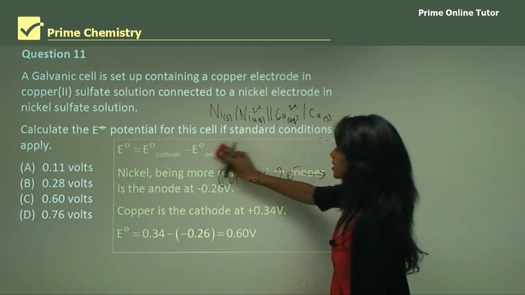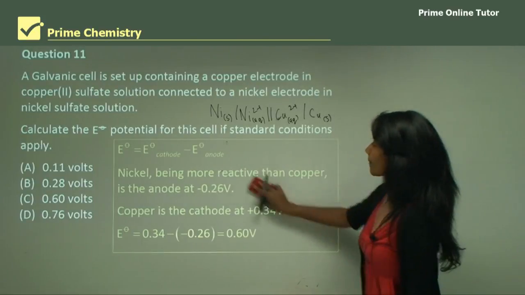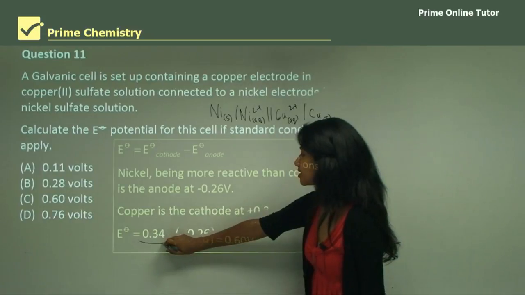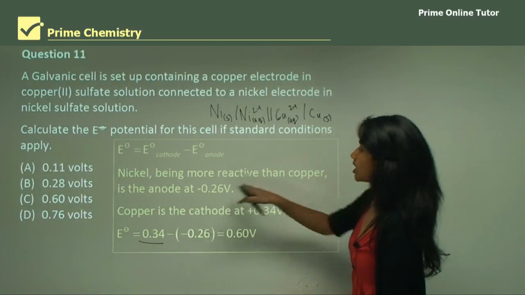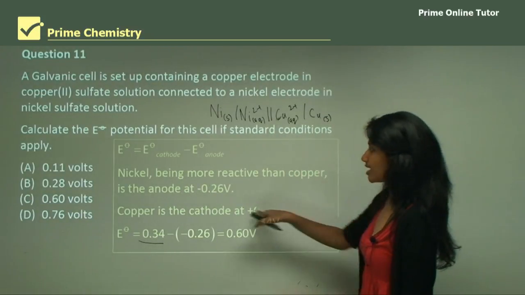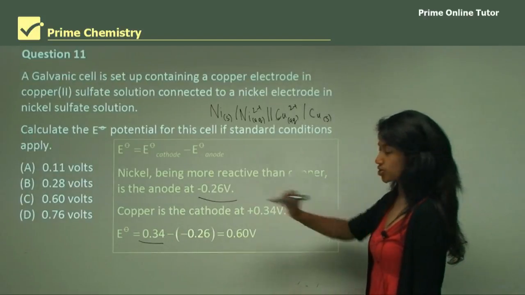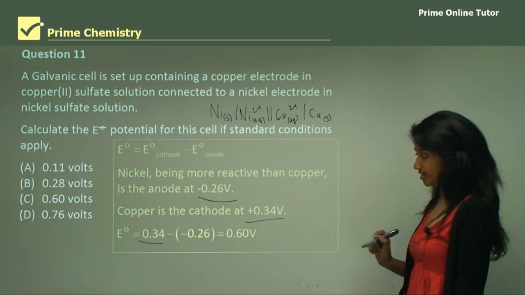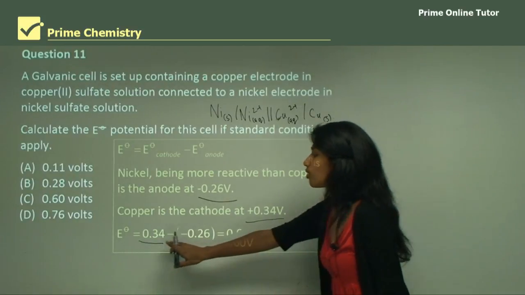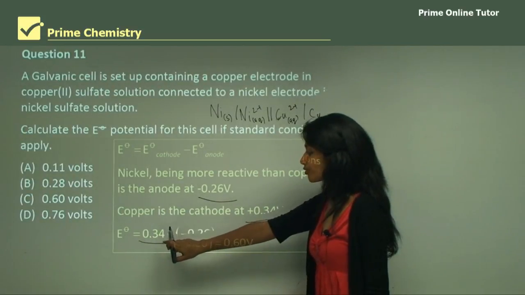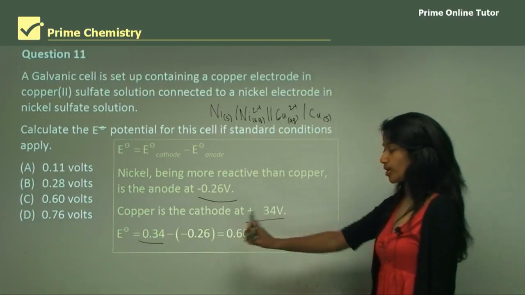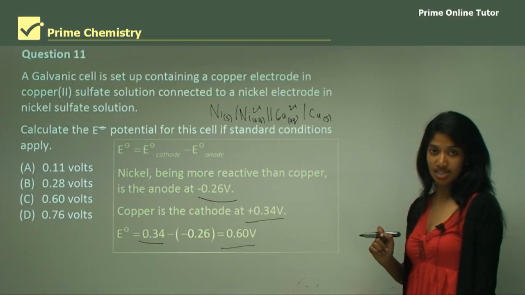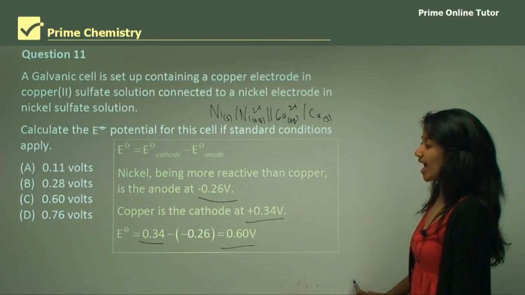Now if we look at it now, from your standard potentials table, you would realize that this is the nickel being more reactive than copper is the anode with a cell potential of that, and copper, the cathode, has a cell potential of that. So when you add these together or take away 0.35 from minus 0.26, you would add them, then you would get 0.6 volts, and that is the answer.